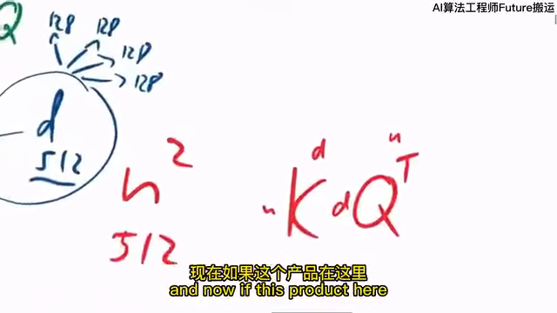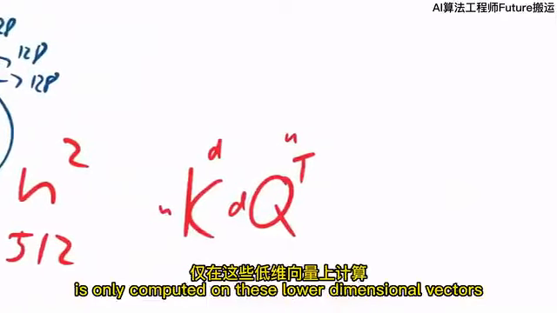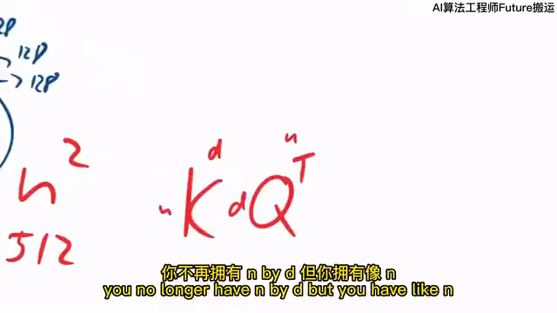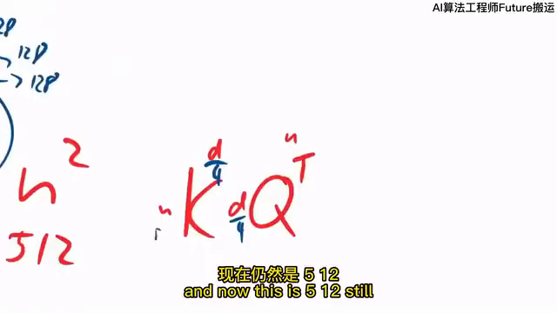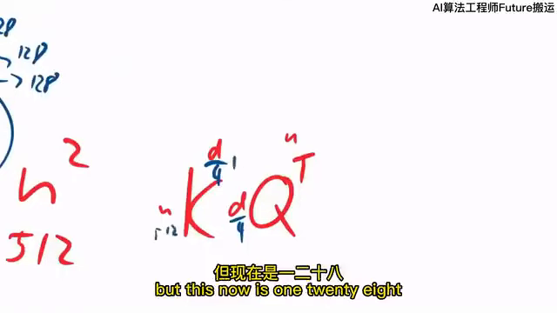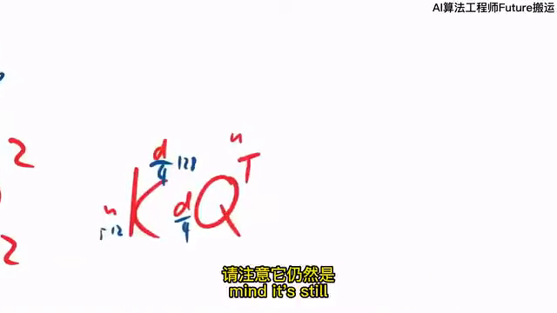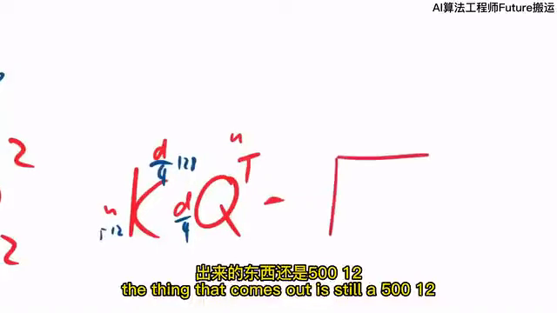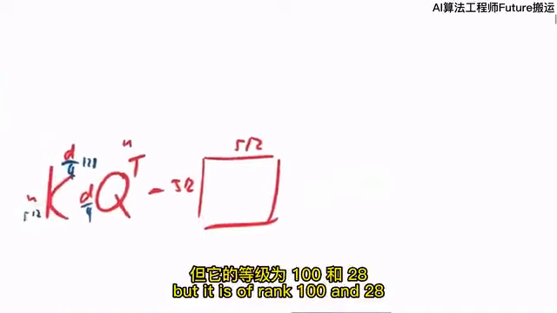Okay, so we're going to split this up. And now this product here is only computed on these lower dimensional vectors, so all of a sudden you no longer have n by d, but you have n by d over 4. This is 512 still, but this now is 128. So the rank of this matrix is going to be 128. Mind, the thing that comes out is still a 512 by 512 matrix, but it is of rank 128.